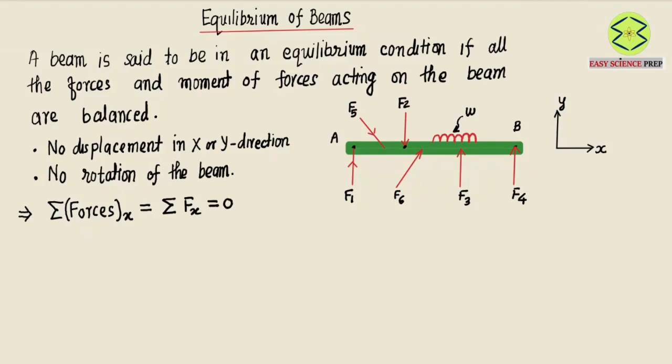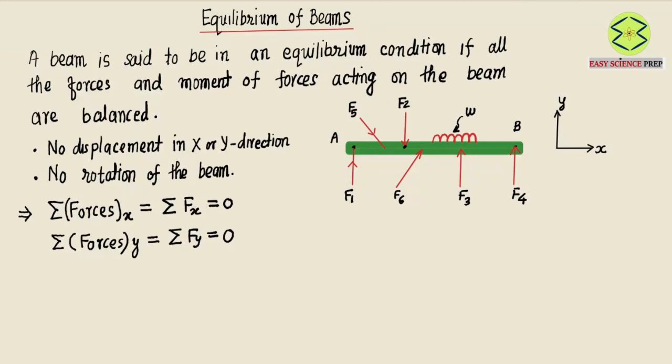It means all the forces in the x direction must be balanced. Similarly, because there is no displacement in the y direction, summation of forces in the y direction also must be balanced. That means summation of forces in y equals 0. So these two conditions are very important in order to satisfy the equilibrium of the beam.